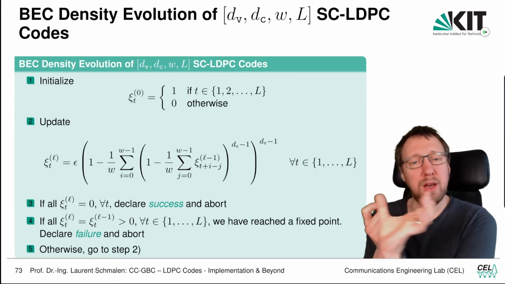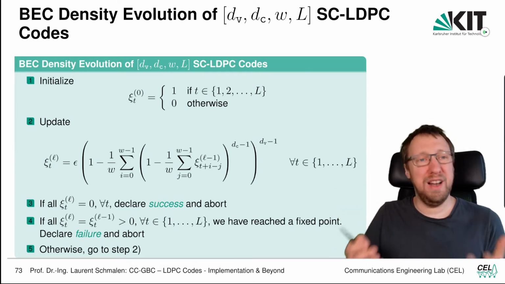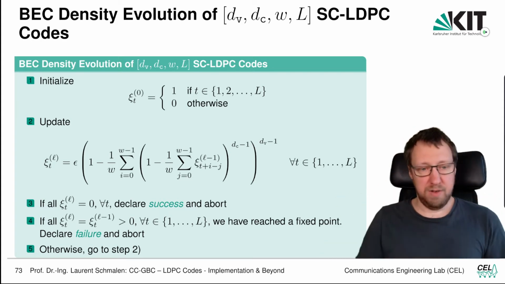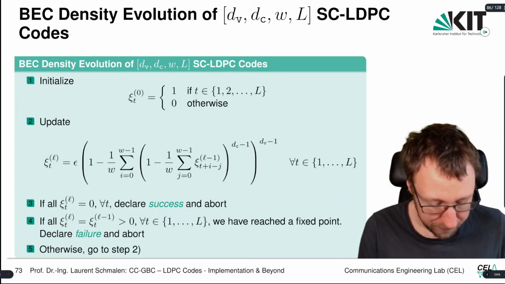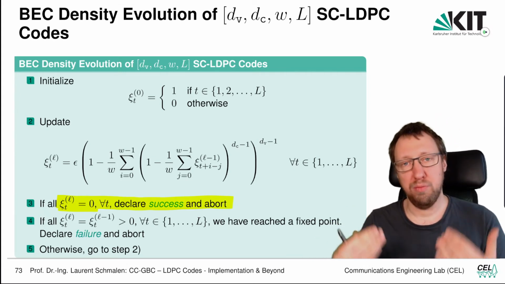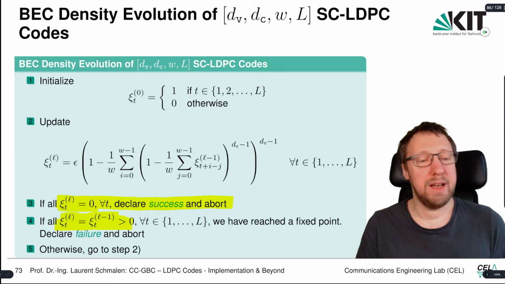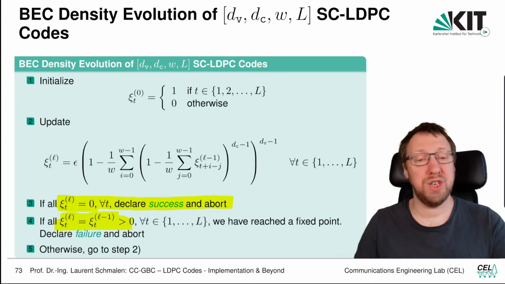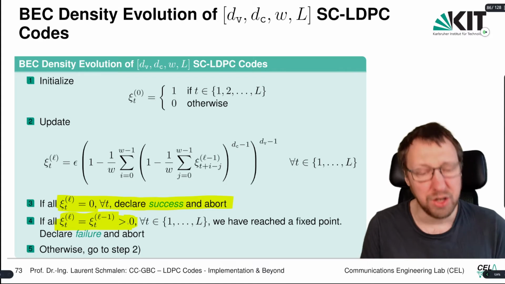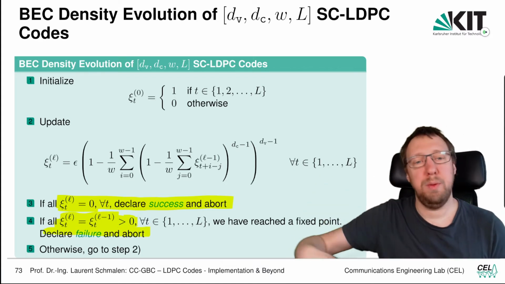So there's kind of a windowing or a filtering effect when you do this. It just looks like a filter. And then you carry out this, and if essentially all c_t are equal to 0, we can declare success and abort. And if we have a fixed point, so if all the c_t don't change anymore, it means we have reached a fixed point, and if this fixed point is larger than 0, we can declare failure and abort. Otherwise, we just repeat this over and over again.